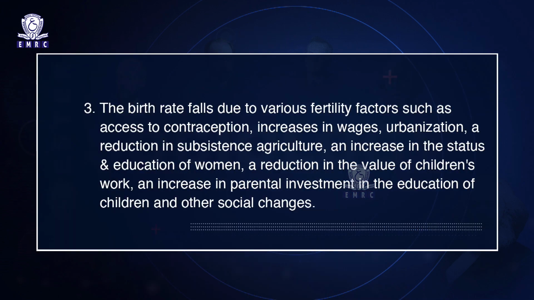In the third stage, the birth rate falls due to various fertility factors such as access to contraception, increase in wages, urbanization, a reduction in subsistence agriculture, an increase in the status and education of women, a reduction in the value of children's work, an increase in parental investment in the education of children and other social changes.